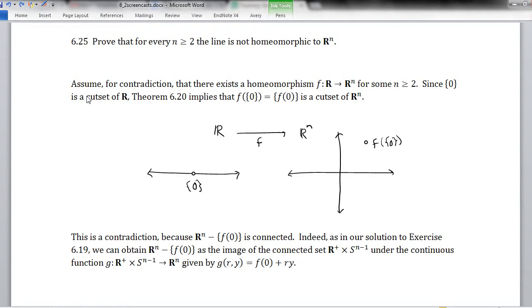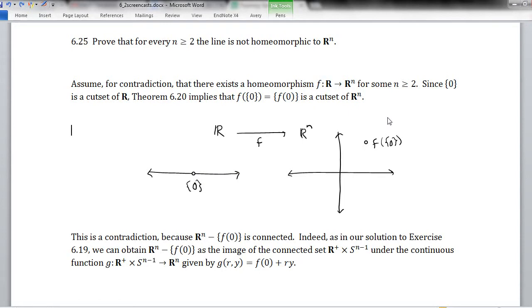Assume for contradiction that they are homeomorphic, so there does exist a homeomorphism f from the line R to Rn for some n greater than or equal to 2. Then, since the point 0 is a cut set of the real numbers, and its complement has a separation, the positive real numbers and the negative real numbers, then we have a theorem that tells us that the image of that cut set under this continuous function f is going to be a cut set of the target Rn.